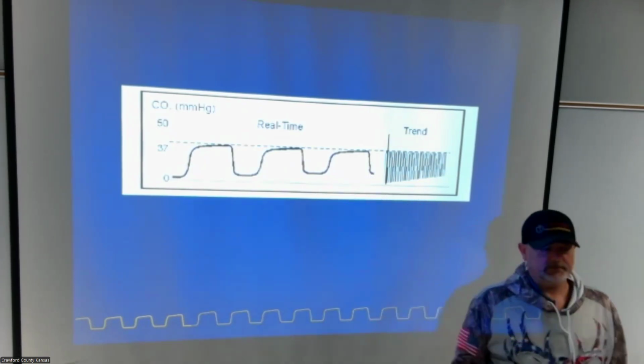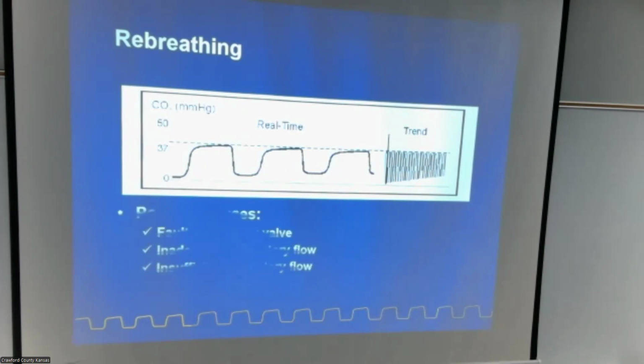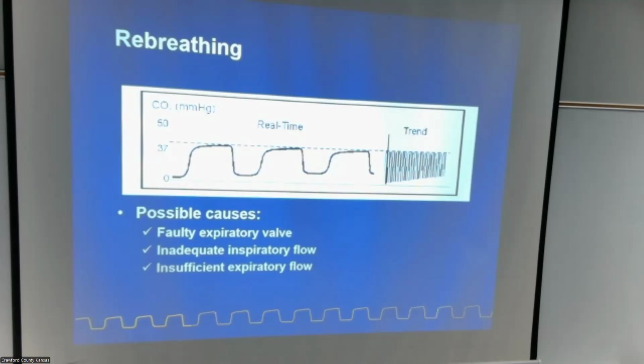What's going on here? Increased baseline. Is that the not clearing the dead space one? It could be. Or your patient could be rebreathing. Multi valve, inadequate flow, insufficient respiratory flow.